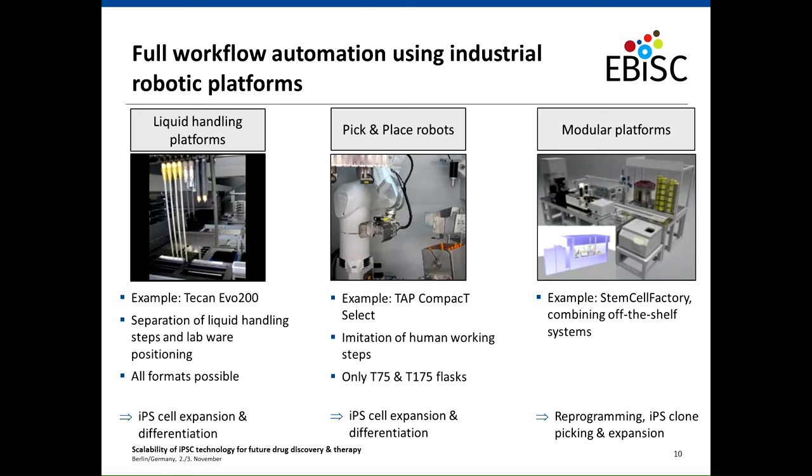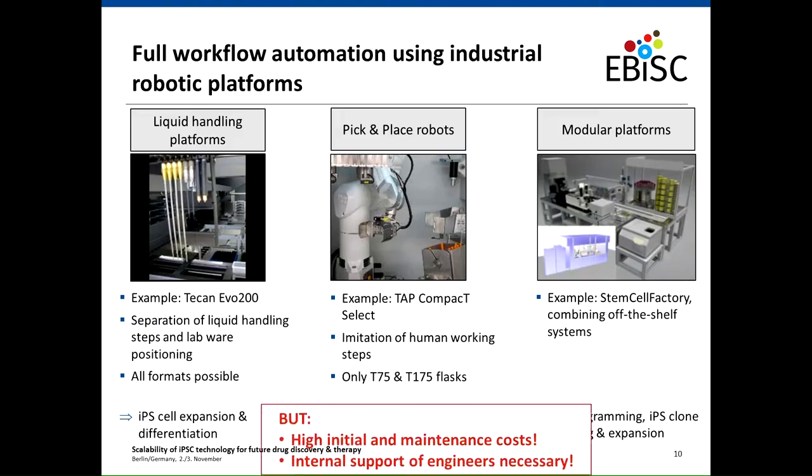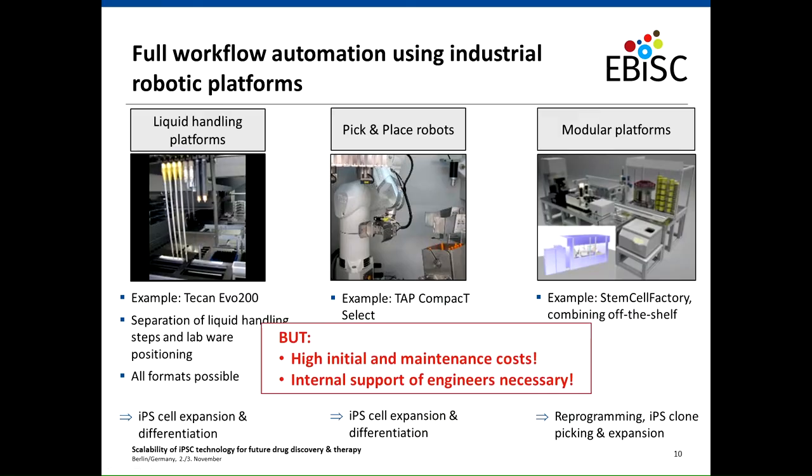So with this system, you had the possibility to even do reprogramming, iPS clone picking, and expansion. But the disadvantage of all these systems is that you have really high initial and also maintenance costs, and you need permanent internal support from engineers, because as these systems are quite error-prone, you always need some engineers beside the system to keep it running or to help if there are errors within the system.